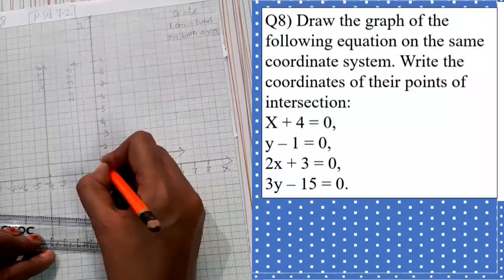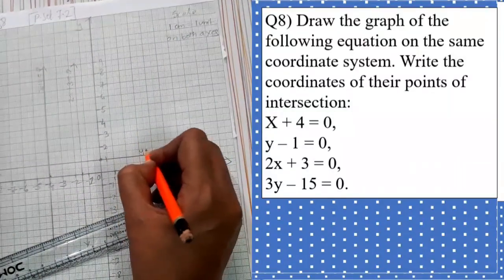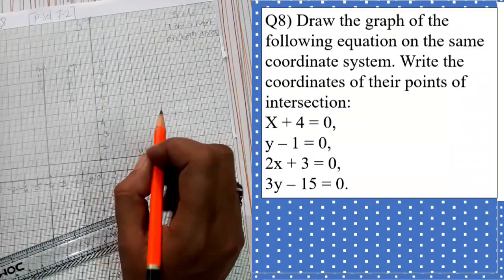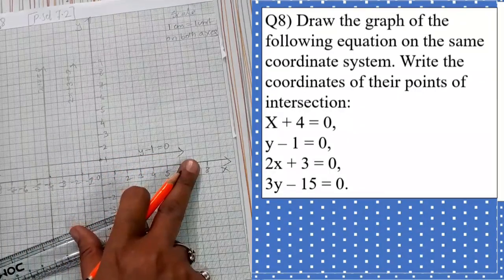So here the y value was 1. So y minus 1 equal to 0 was the equation. So the line is parallel to the x-axis.